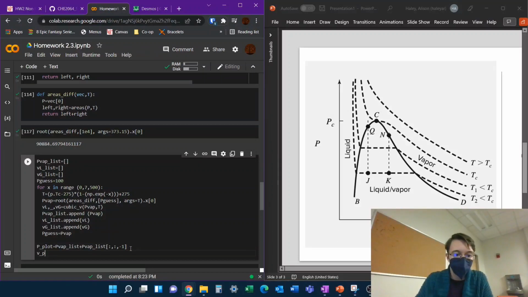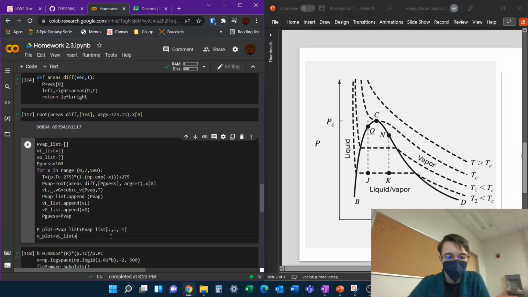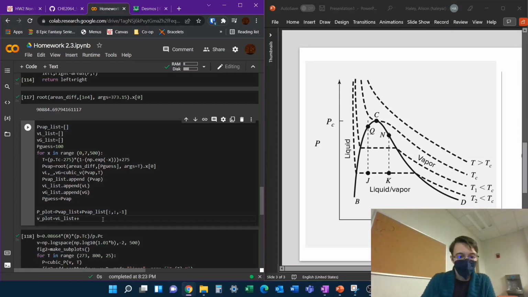And then we'll do something similar with the volumes. So our volumes for plotting purposes is going to be equal to, we'll start with the liquid volumes. Those will be from low to high, just like it already is. So we'll just put that in there. And then we want the gaseous volumes from high to low instead of low to high. So we're going to do something similar to the previous one, where we go with the gaseous list, and we want all the rows, all the columns, but in reverse.